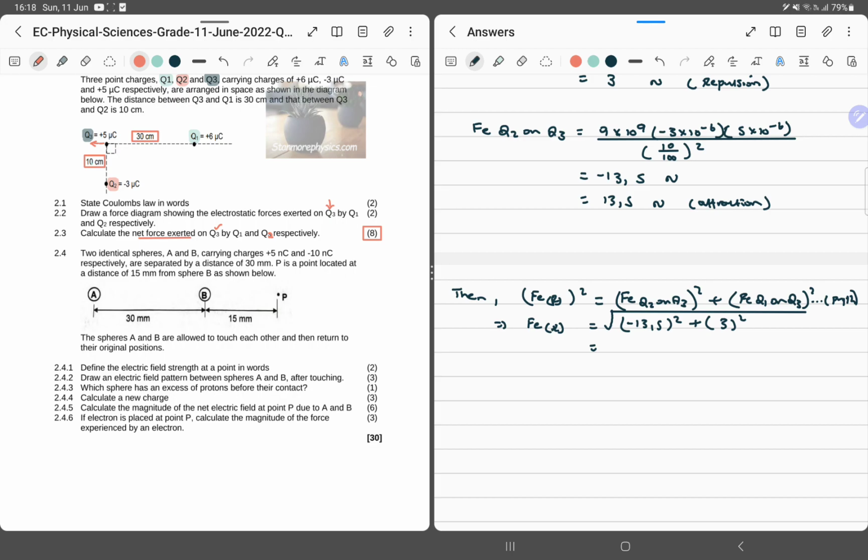Remember, we will always consider the resultant positive, because that's the hypotenuse side, so we'll never take it for a negative. Ever. So the square root of 13,5 squared plus 3 squared gives us 13,83 to 2 decimal places. This is going to be newtons.